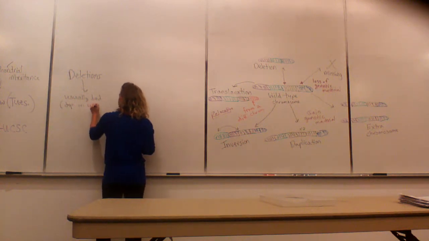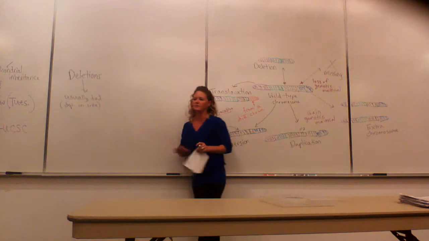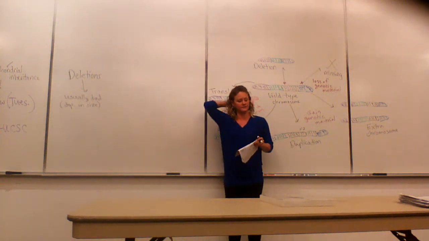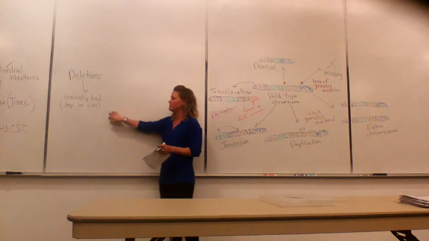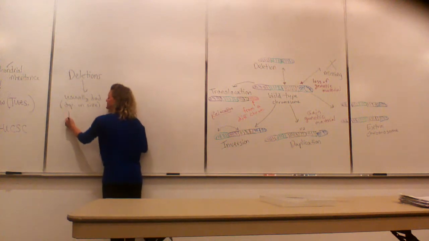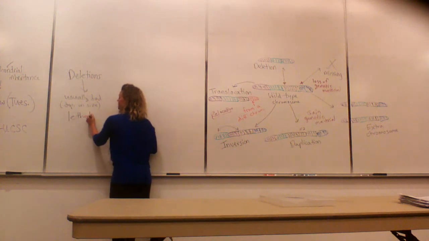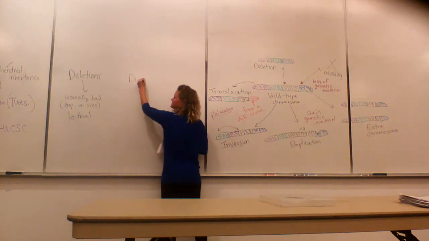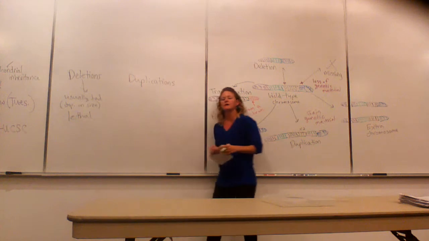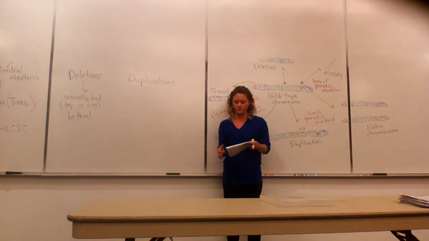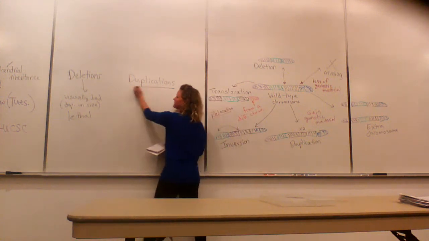Depending on the size, if we're just talking about one nucleotide, but we're talking about huge chromosomal differences that you can see on a microscope, depending on how big, it can be lethal to the embryo. Whereas the big duplications can also have phenotypic consequences, but generally not so bad.